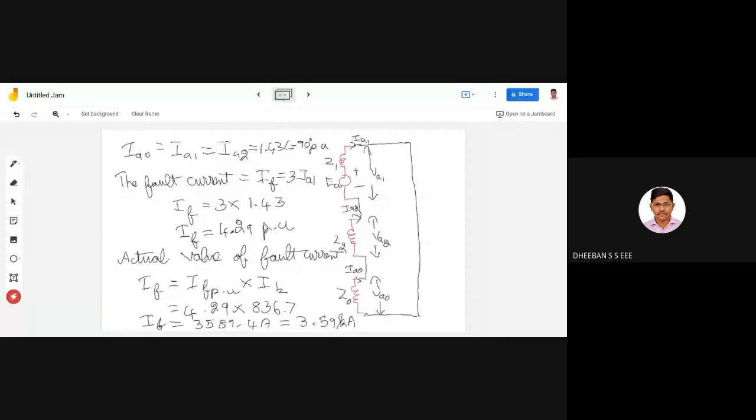This is a very simple concept, since these sequence impedances are in series with each other, whereas in other faults like the line to line fault, there exist only positive and negative sequences, and those two will be in parallel.